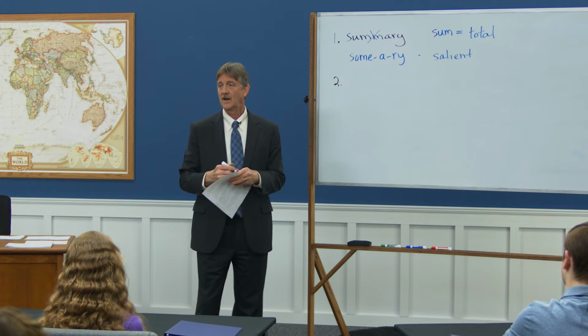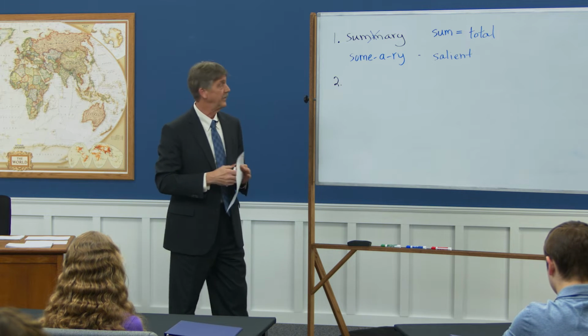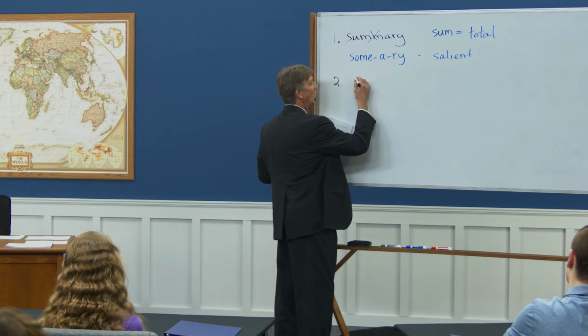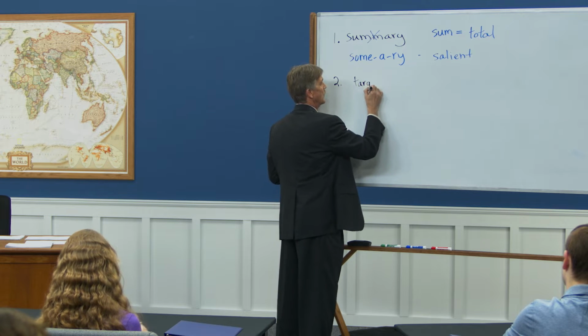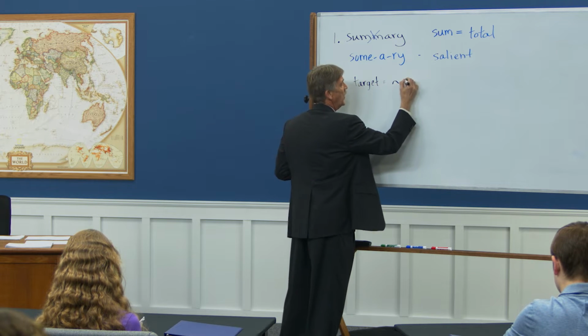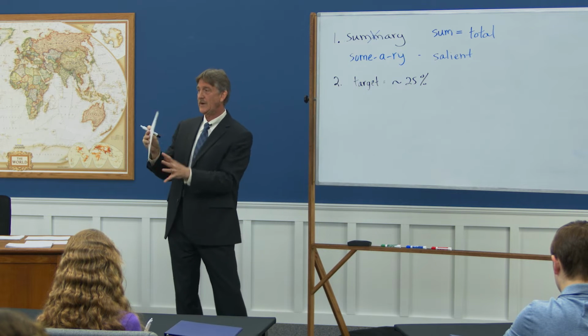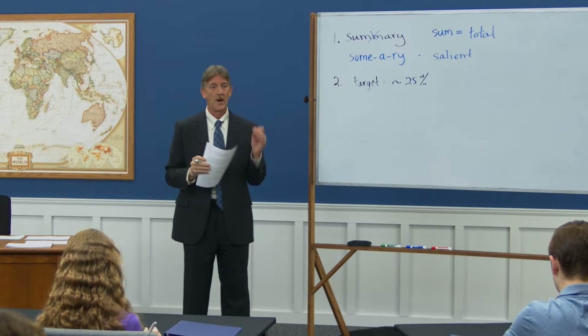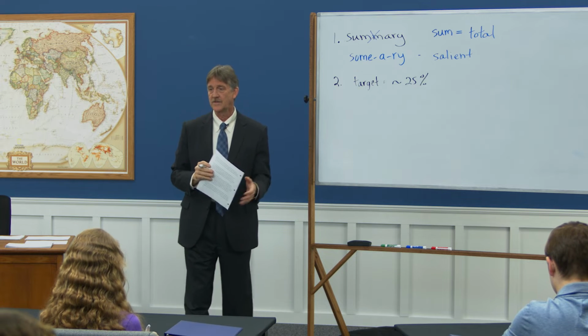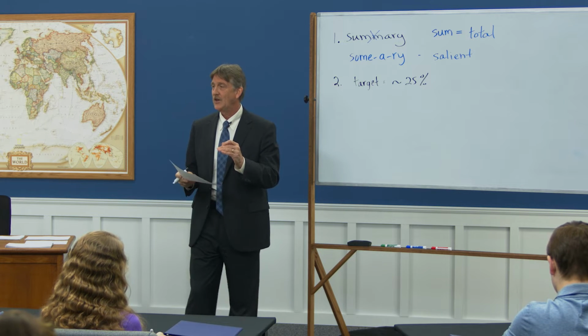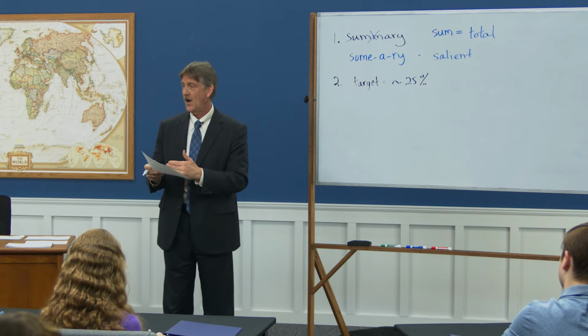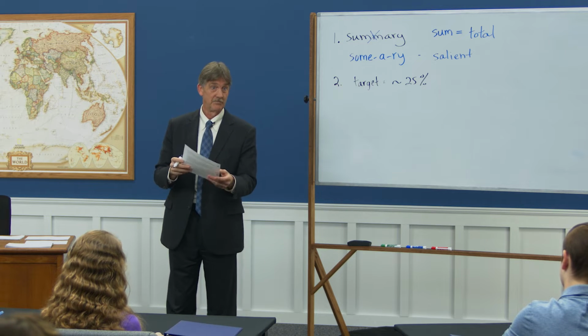So let's arbitrarily choose one of those and say your target is approximately 25%. So you would like to reduce this speech to about 1/4 of its size. To do that, you need to know how long the original is.